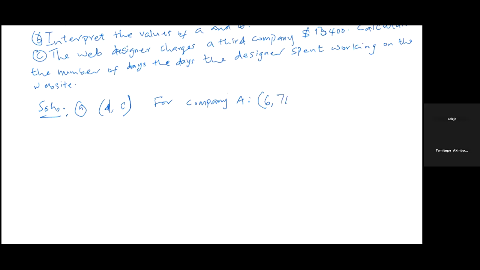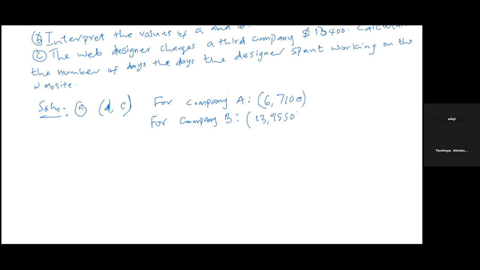That's the first coordinate. For company B, it takes 13 days at a cost of 9,550. So it's going to be 13, 9,550.